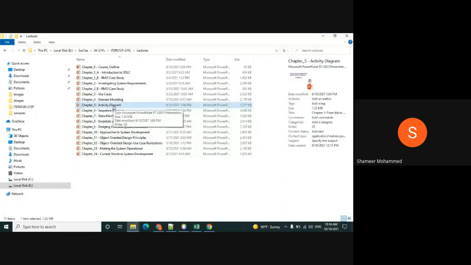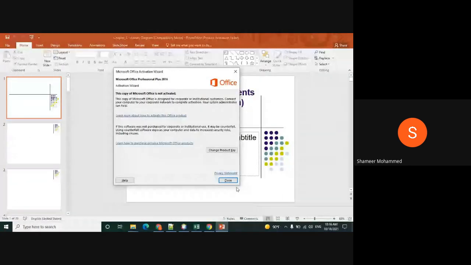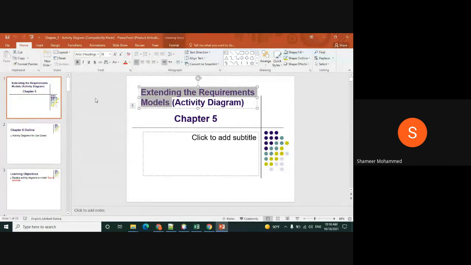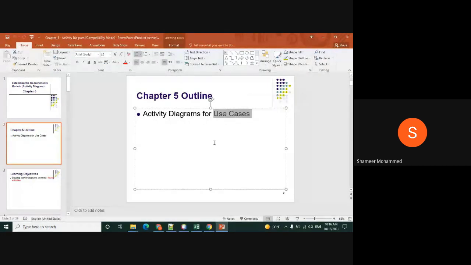See, in today's class, we will start about the activity diagram. So what is this activity diagram? It is an extension of the previous requirements model. What are the previous models? This is the previous model, use case. In the use case, you are not giving any details.